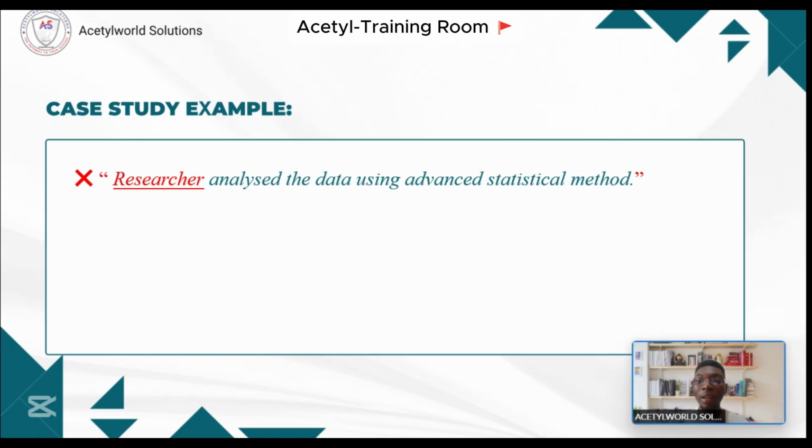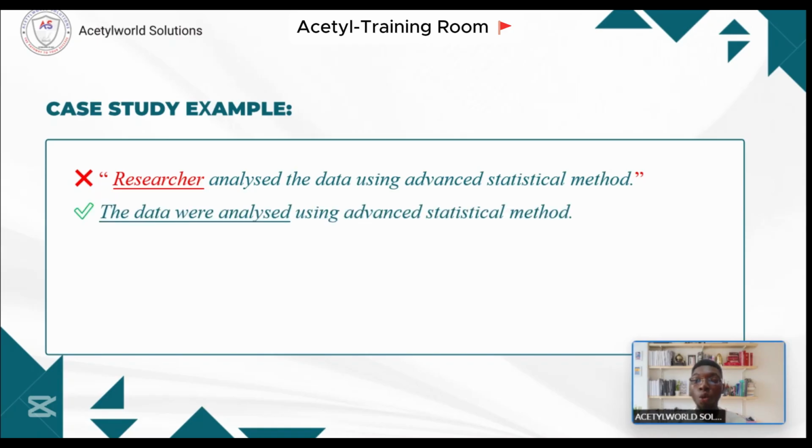you can as well say the data were analyzed using statistical method, or maybe the data was analyzed using advanced statistical method. This now emphasizes the analysis. This particular statement emphasizes more on the analysis than who did the research, than the researcher.